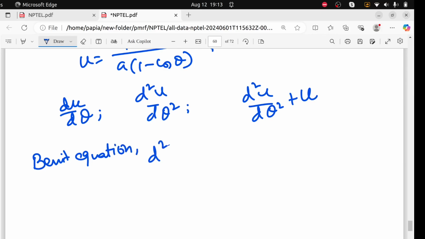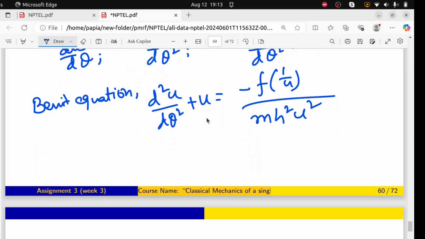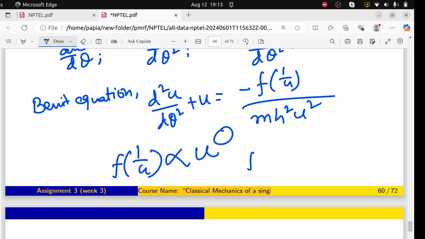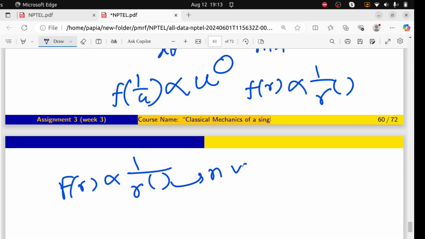You will have d2u d theta 2 plus u equals to minus F(1 by u) by m h square u square. If you calculate this, you can find F as a function of u to the power something, then F of r will be a function of 1 by r to the power something. This something will give the answer. This is the n value.